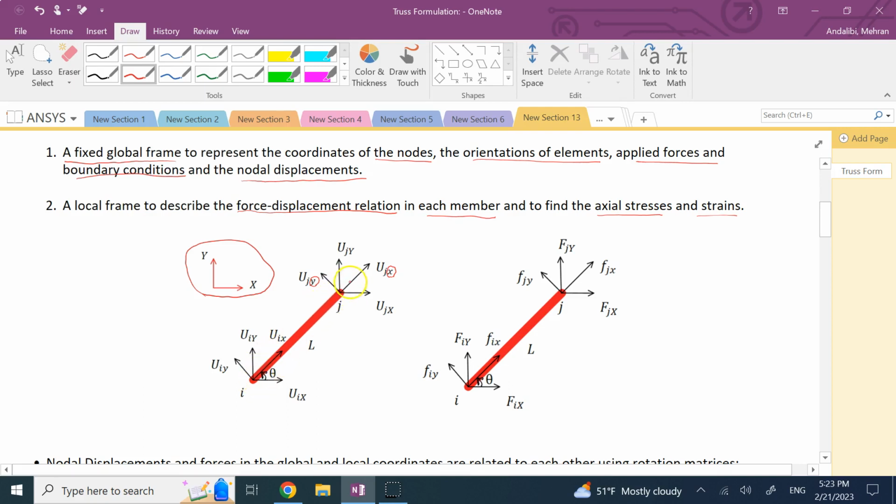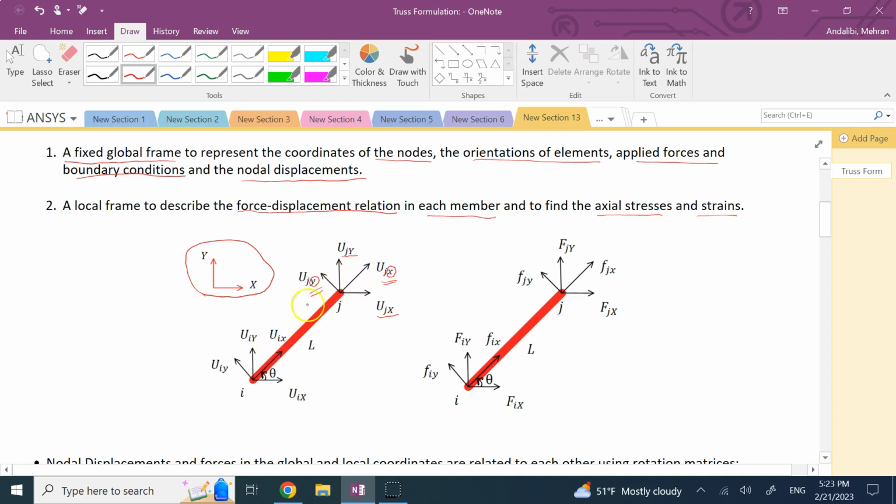So it's not like in here you have 2 of that. No. I'm just showing you this XY frame also on node J to show you that when you look at the nodal displacements, U's, right? If you show the nodal displacement by U's or UX and UY, you can either do it with U of that node in the capital X and capital Y, or show it in the local direction.